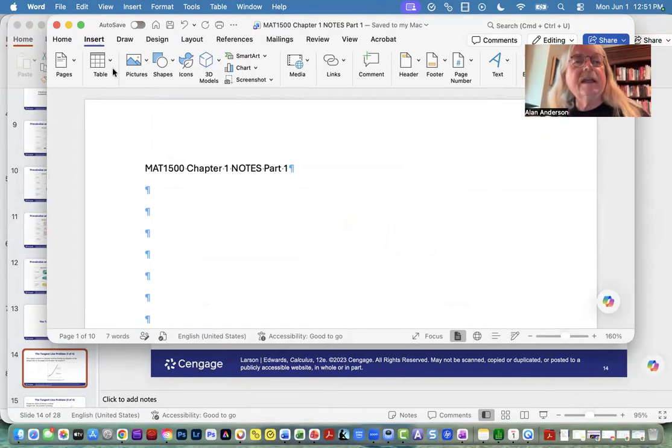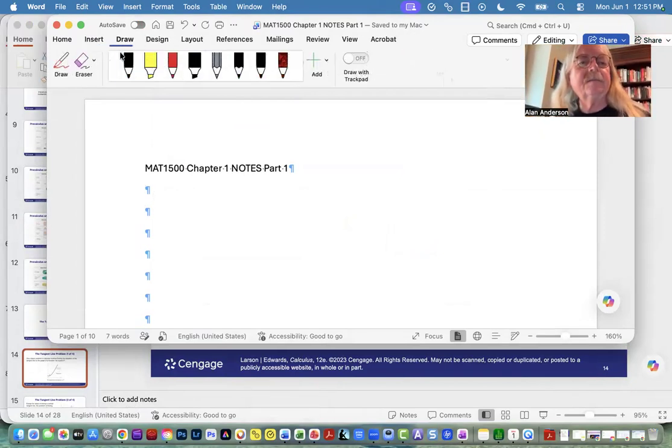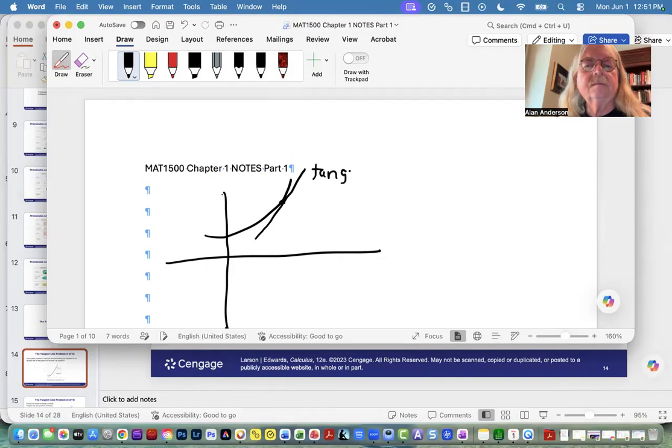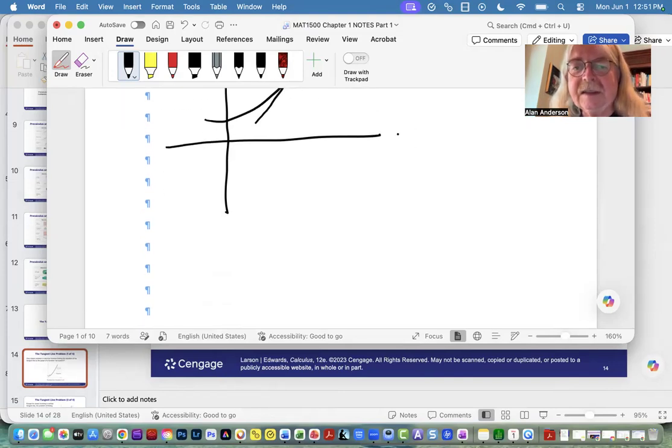So the word tangent here in this context means that the line that we're looking at, or the curve, touches at exactly one point. And often the slope of that tangent line is what we're interested in. Okay. That will prove to be hugely important as you see.